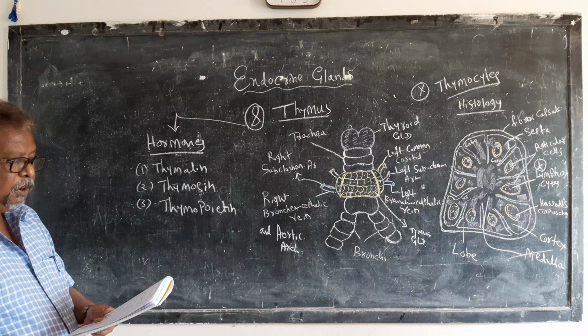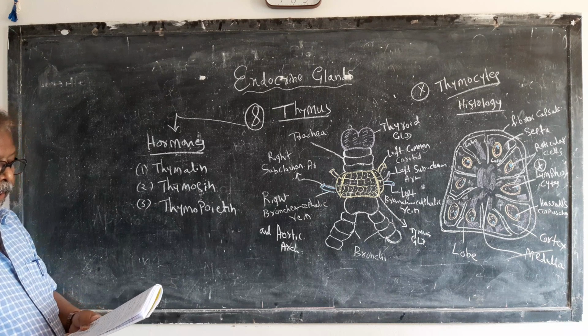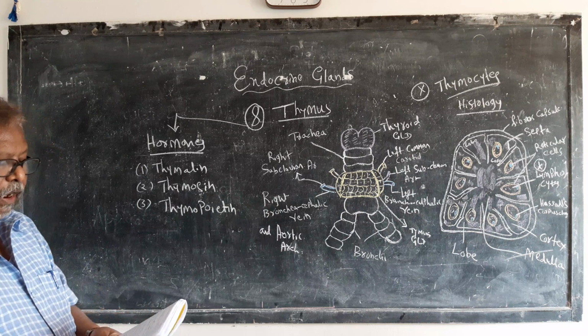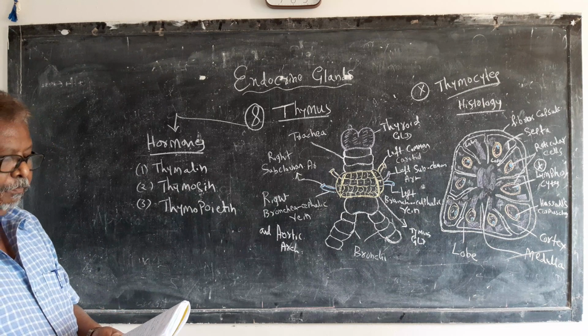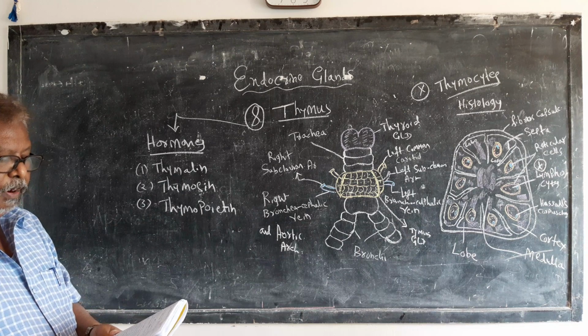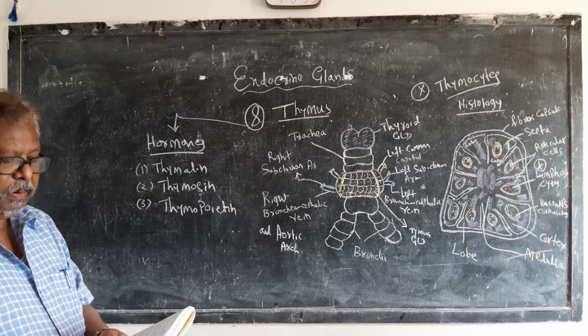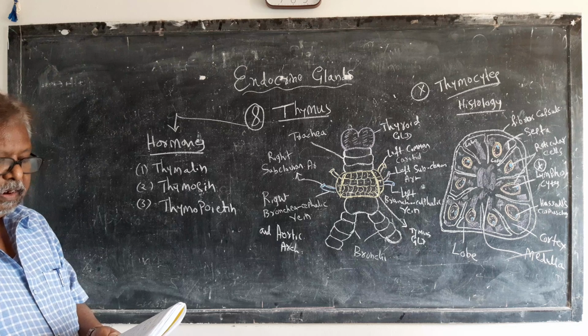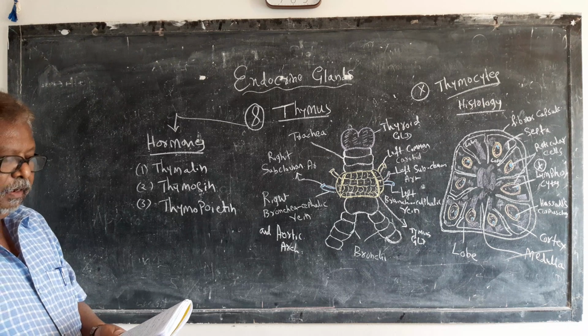Now coming to the first one, thymolin. It is a thymic hormone produced by thymic epithelial cells. So the epithelial cells of the thymus gland produce thymolin. This hormone induces T cell differentiation and enhances its action.